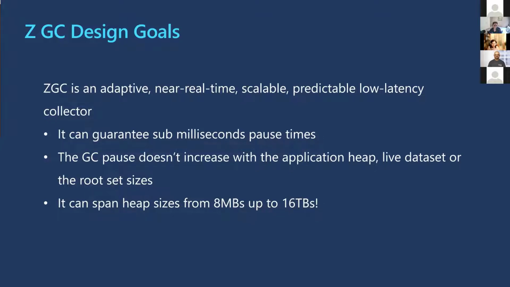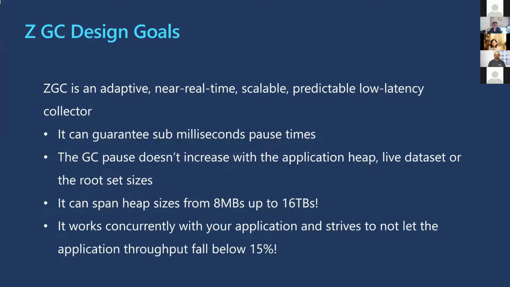And now there's one more point that I want to make, before we dive into the core concepts. The major part of ZGC work is done concurrently, which means reference processing and everything else is done concurrently.